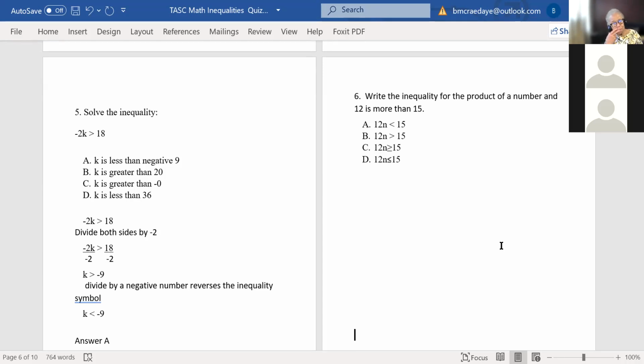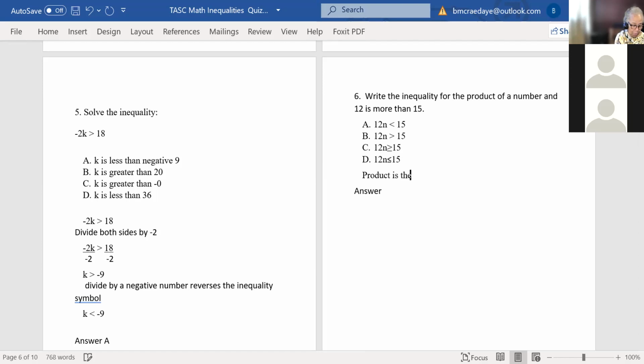Wait, let me do this. We did one. Take your time and tell me your answer. Write the inequality for the product of a number and 12 is more than 15.